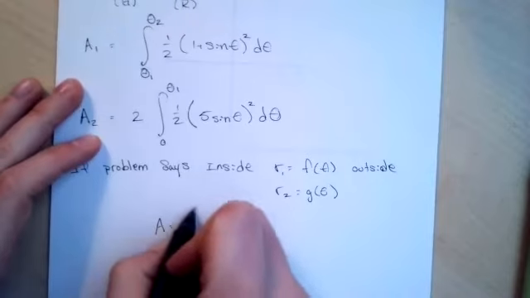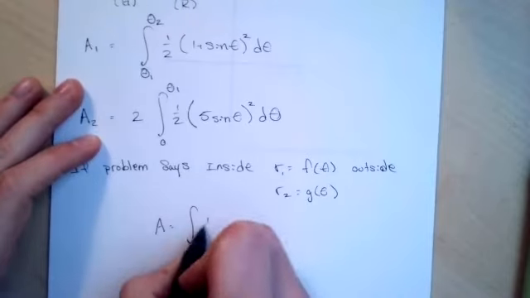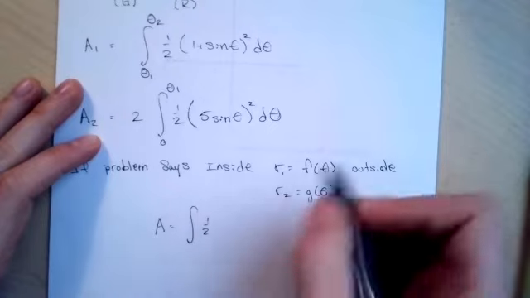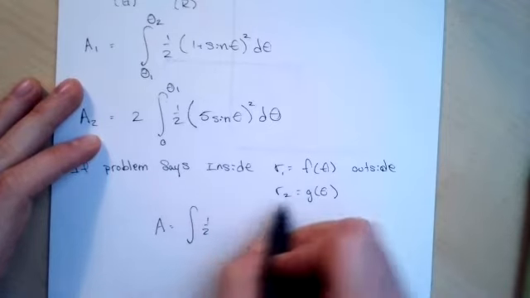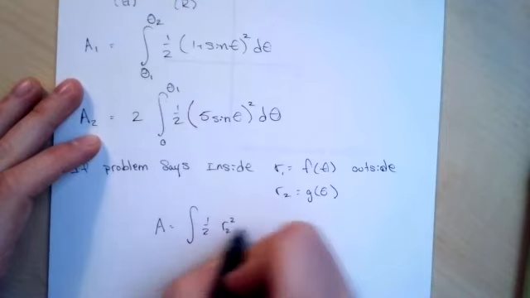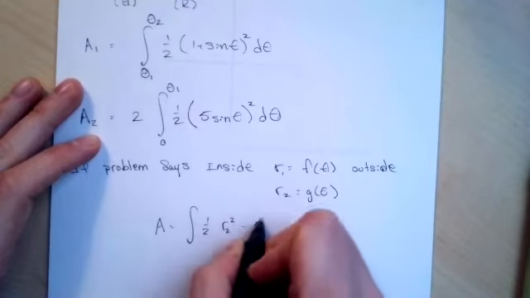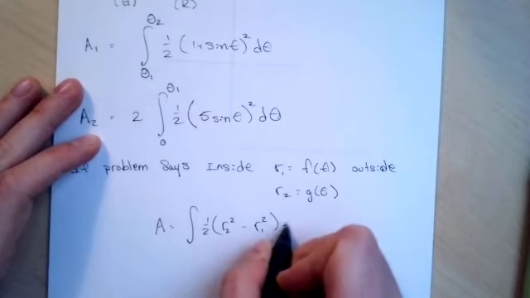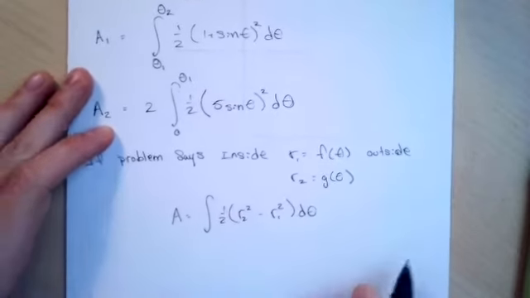So the area is going to be 1/2, I guess we have R2 on the outside, so it'll be R2 squared minus R1 squared d theta. So always do outside minus inside.